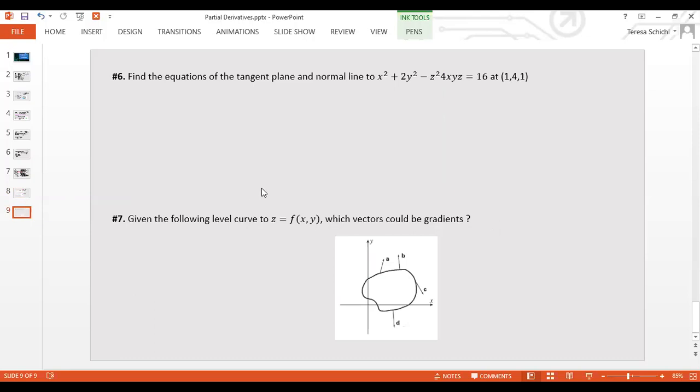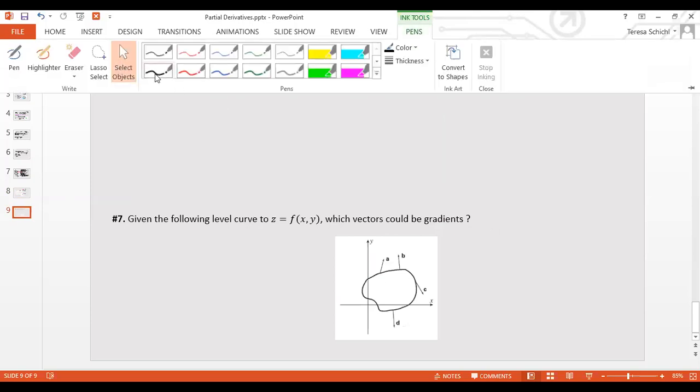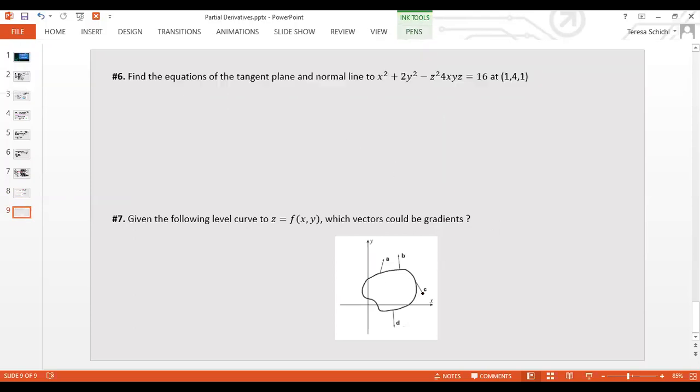Now let's take a look at part number 7 first. Now we can do the mechanical part of number 6. Given the following level curve z equals f of x, y, which vectors could be the gradient vectors?